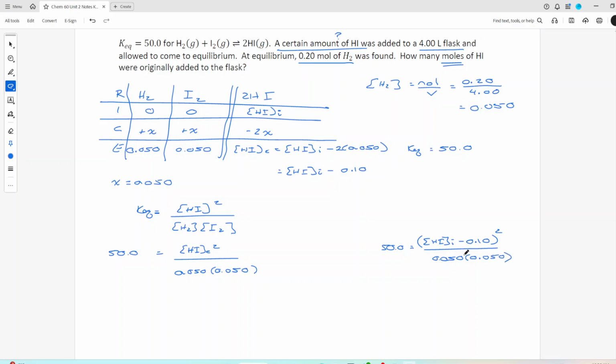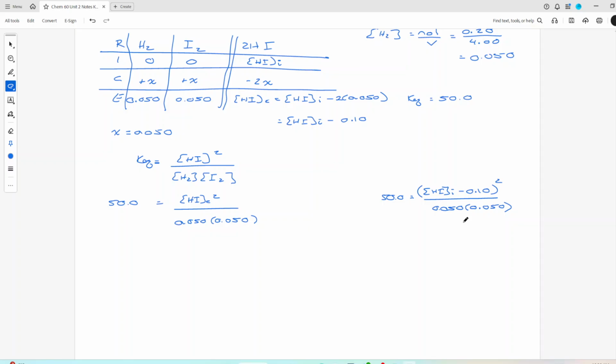Awesome. And then we're just going to solve these algebraically. So 50 times 0.05 times 0.05 gives me 0.125. And you'll notice it's the same answer for both of these. So I'm just going to put it at the same time, because the only thing that changes is the step after the next one.